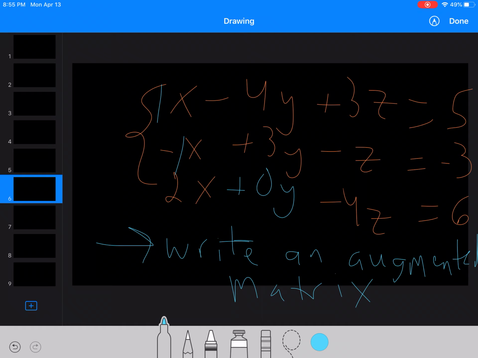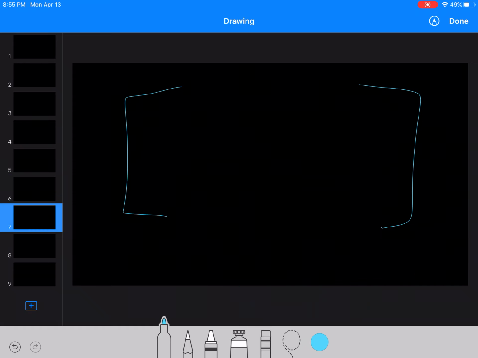So on my top row, I have 1, -4, 3, and 5. But the only real difference here is that instead of an equal sign, we're going to put 3 dots here. It's kind of the equal sign for a matrix.